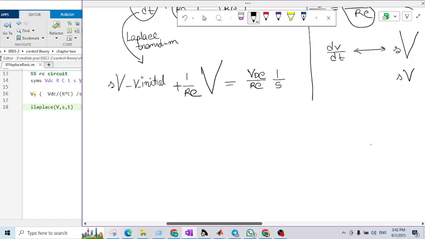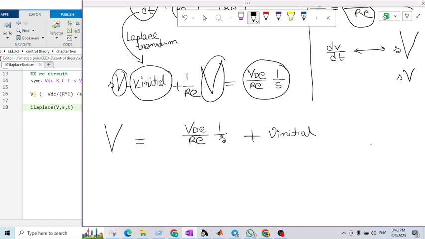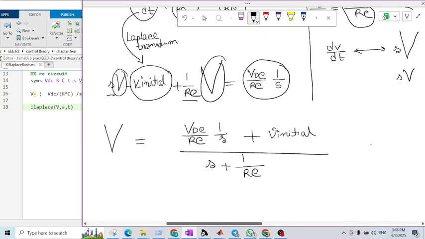Well, so now we have to rearrange this equation to find V. First let's write this VDC divided by RC times 1 by s, and then let's take this thing to the right hand side and we will get V initial in positive here, and then take V common here and take s and 1 by RC here, then we will get s plus 1 by RC.